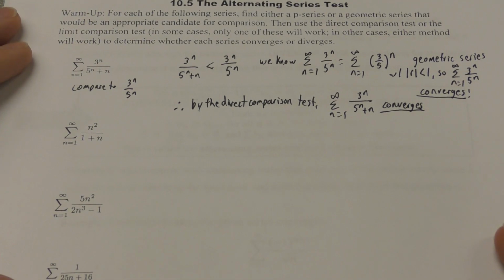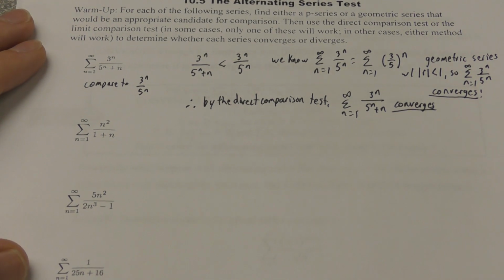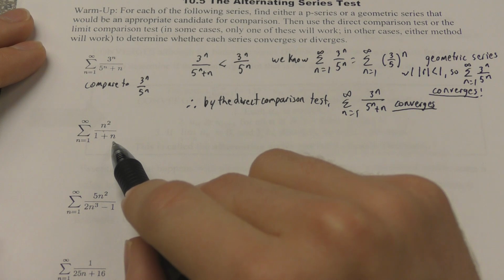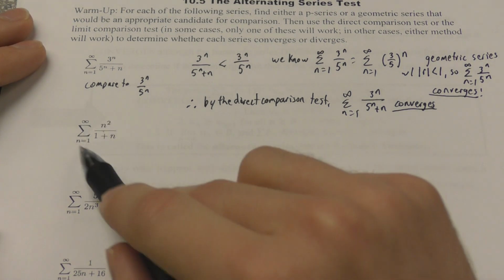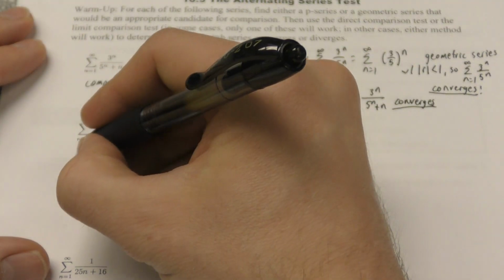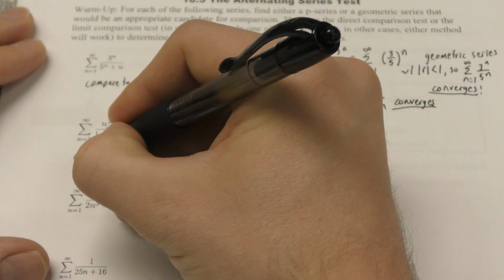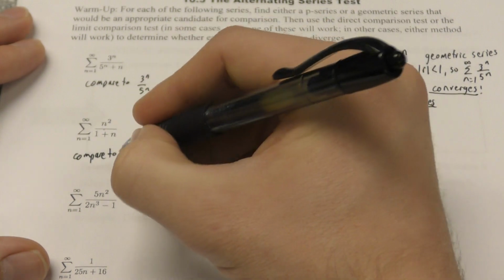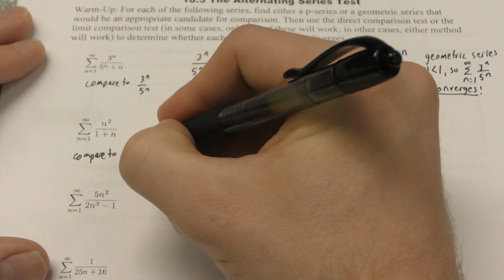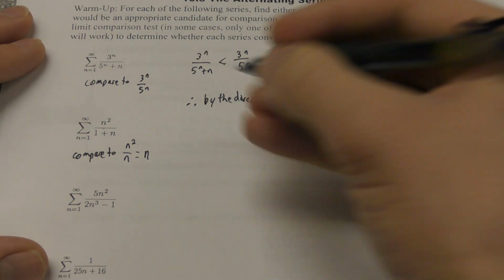n squared over 1 plus n. This looks relatively simple. I see n squared is going to win on top, n is going to win in the denominator, so maybe, if I did a limit as n goes to infinity, maybe the limit comparison test will work here, and I'll compare to n squared over n, which is just n actually. Interesting. Alright.